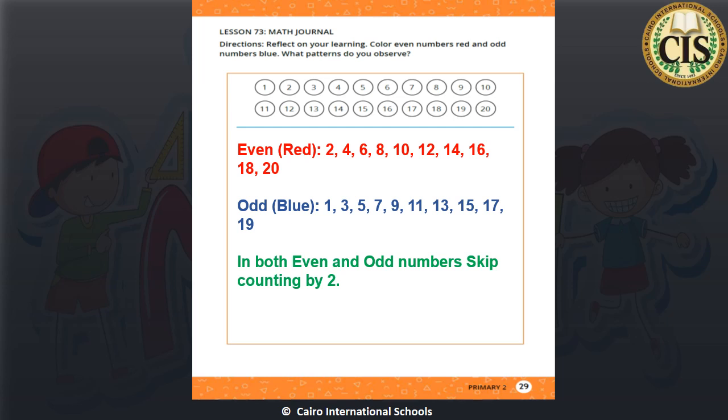While the odd numbers with blue: 1, 3, 5, 7, 9, 11, 13, 15, 17, and 19. We will observe that in both even and odd numbers, we skip count by 2.